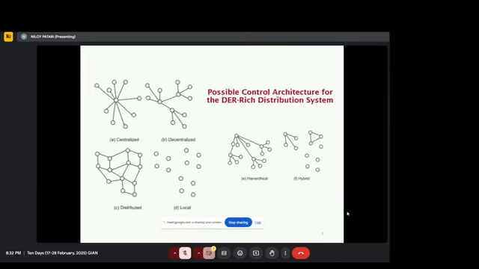Node 2 can talk with node 1 as well as node 3, but node 2 can't talk with node 4 or node 5, right? So it's like peer-to-peer communication, and each of them will sense their own local information and do local computation. But at the same time, they can talk just with their peer agent. And yeah, so these are four major architectures that we have in distribution systems.